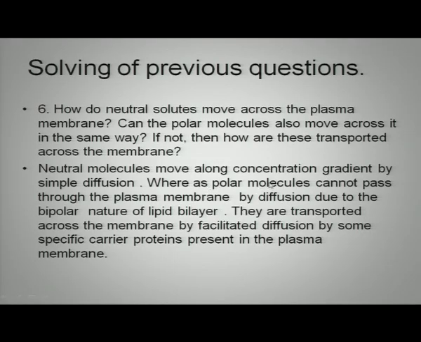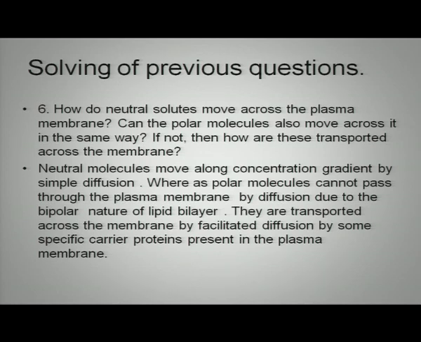Whereas, polar molecules cannot pass through the plasma membrane by diffusion. It is due to the bipolar nature of the lipid bilayer. They are transported across the membrane by facilitated diffusion with the help of specific carrier proteins.